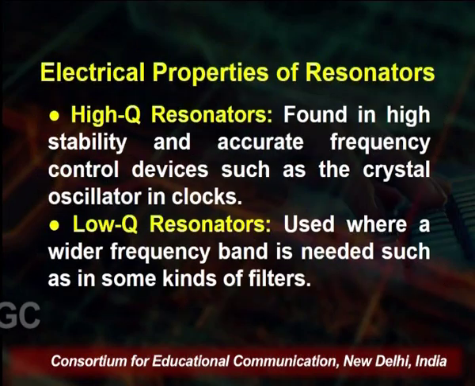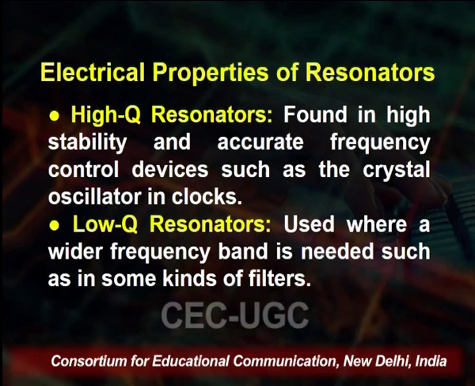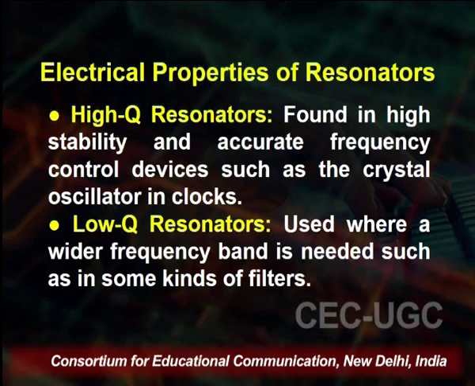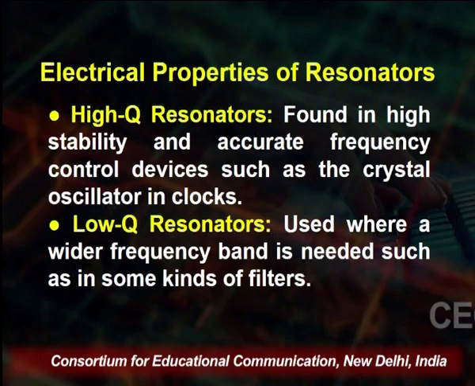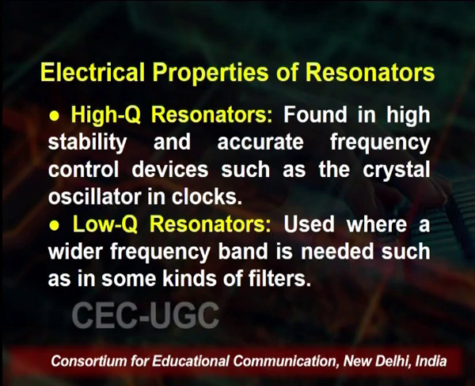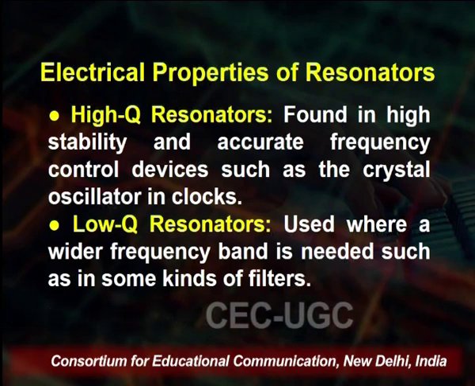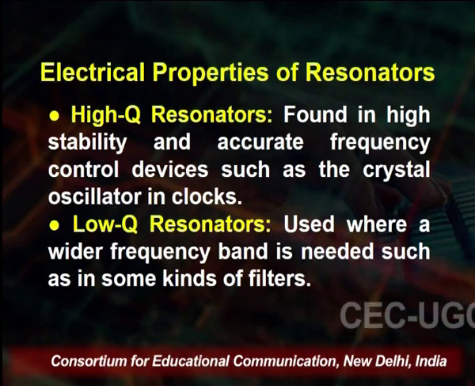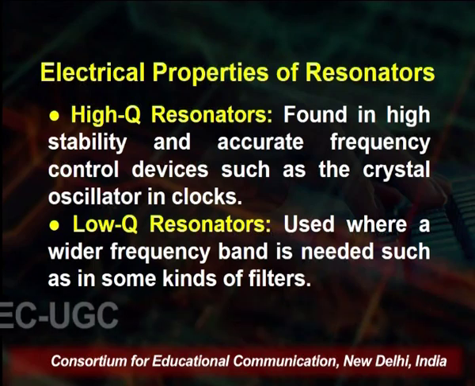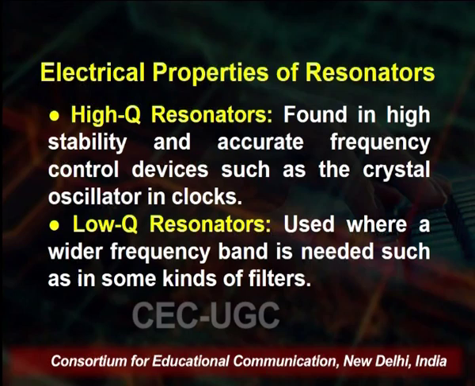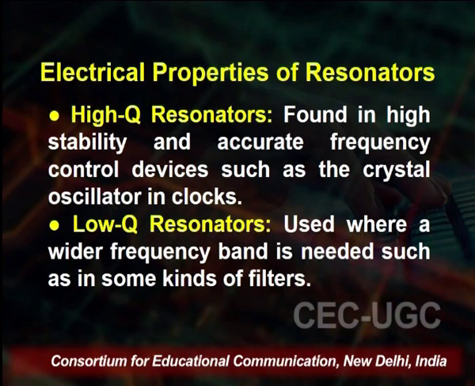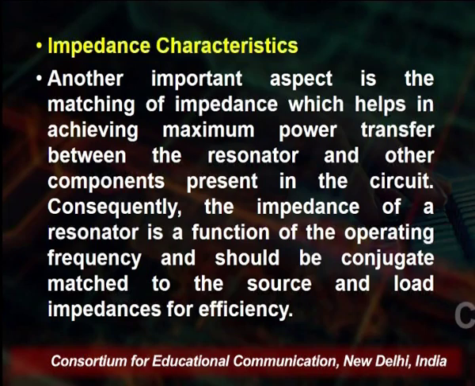And there are two types of quality factor, a high Q resonator and a low Q resonator. The high Q resonator is found in high stability and accurate frequency control devices such as the crystal oscillator in a clock. Another is the low Q resonator. It is used where a wider frequency band is needed, such as in some kinds of filters. Another characteristic is the impedance characteristic.